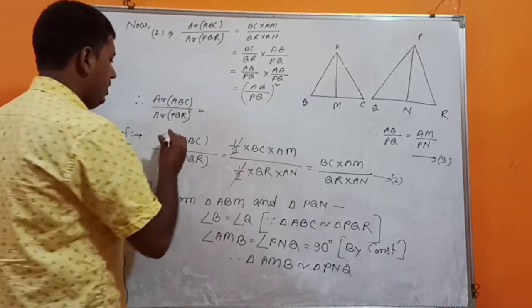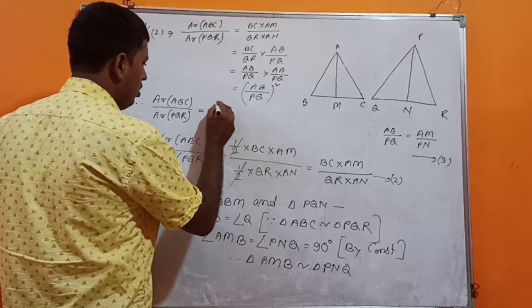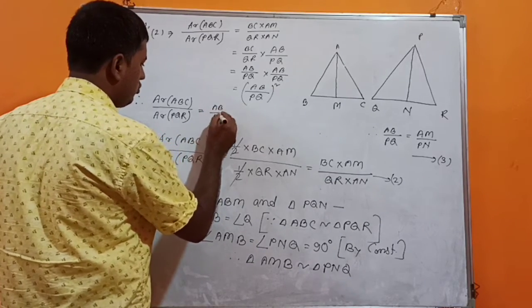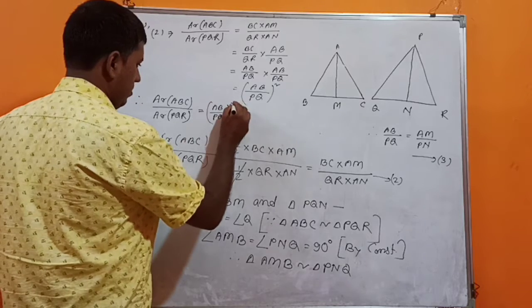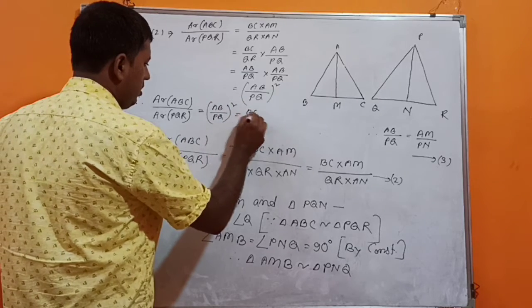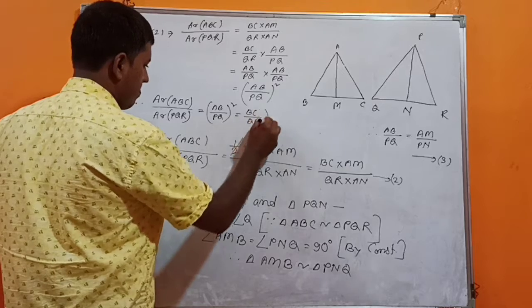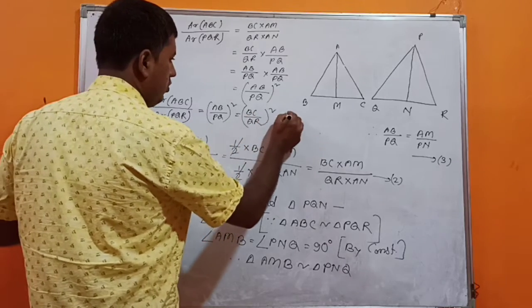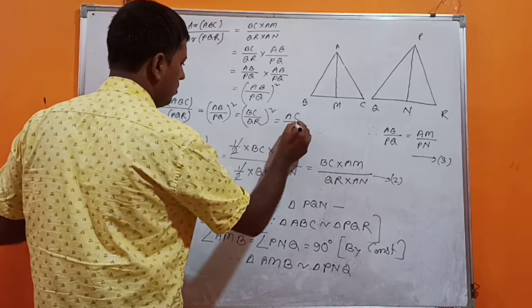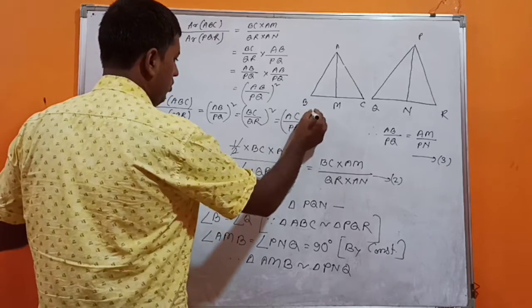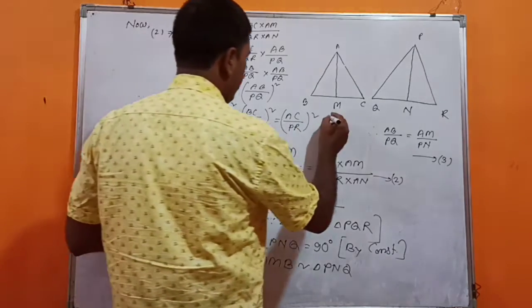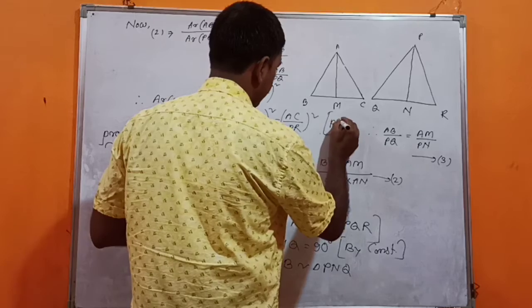Okay, area ABC by area PQR is equal to AB by PQ whole square equal to BC by QR whole square equal to AC by PR whole square. Okay, this is our proven part, what we had to prove.